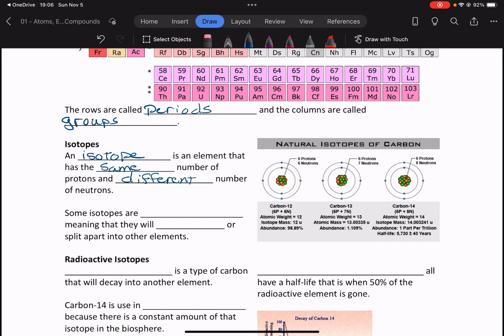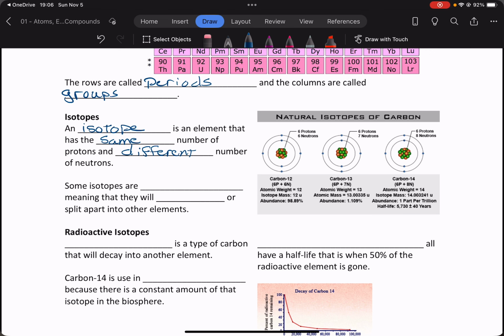Again, the number of neutrons changes. You'll notice there's a lot of information at the bottom of carbon 14 about half-life. Half-life means it's radioactive. It means it's unstable, like carbon 14, as I just said.